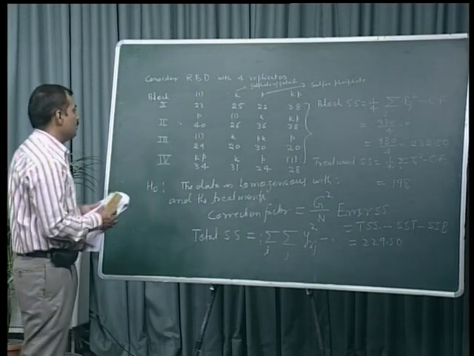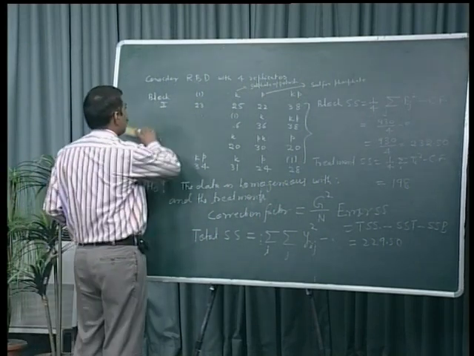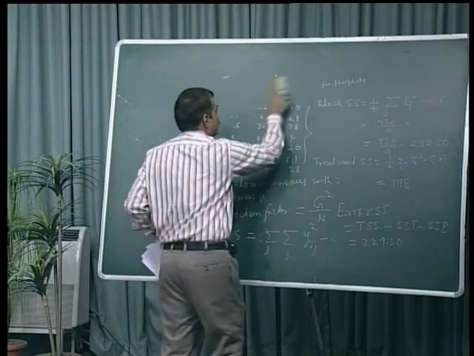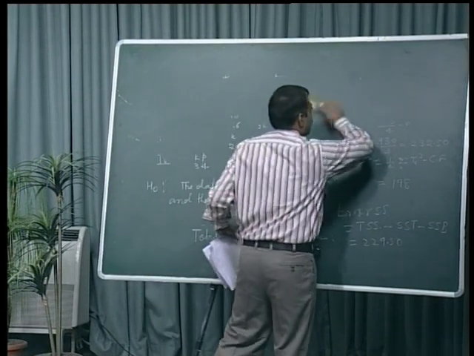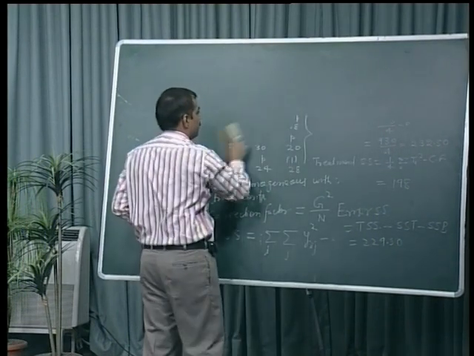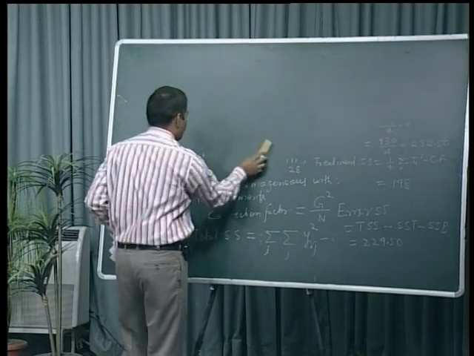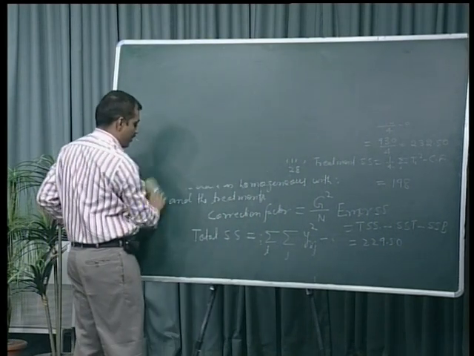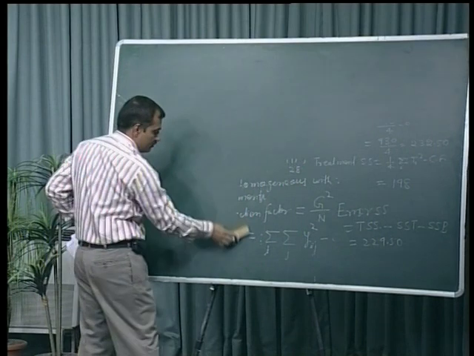By putting these values in the analysis of variance, that is the ANOVA table, and calculating F, we compare the calculated value of F with the tabulated value.